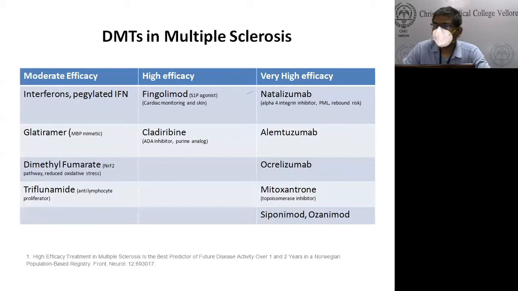Just to summarize how you categorize your disease-modifying therapies in multiple sclerosis: moderate efficacy includes the interferons, the platform therapies, glatiramer, which is actually a myelin basic protein mimetic, dimethyl fumarate, and teriflunomide. All these are categorized as moderate-efficacy therapy. As a take-home message, they can be used in patients with low disease activity.